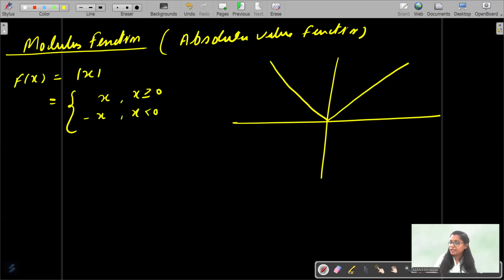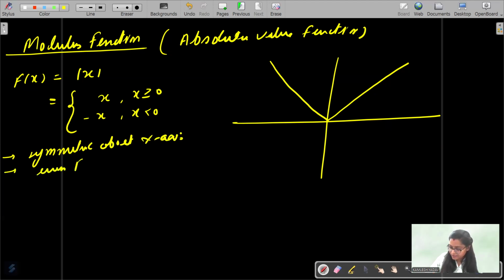By looking at this graph, what else can we say? Here we see the graph is symmetric about the y-axis. It means it is an even function.